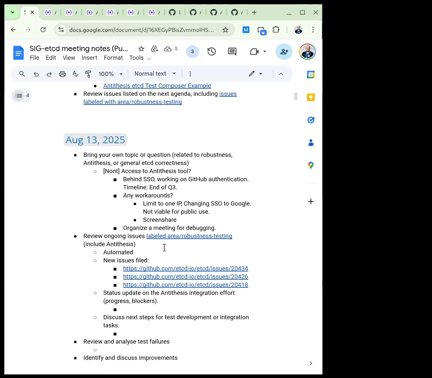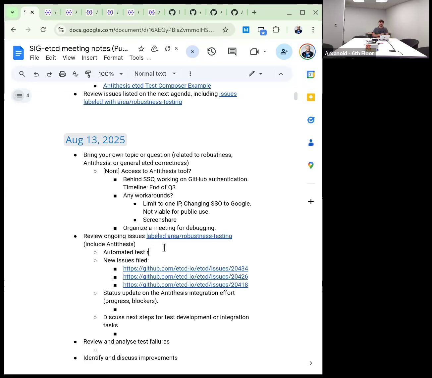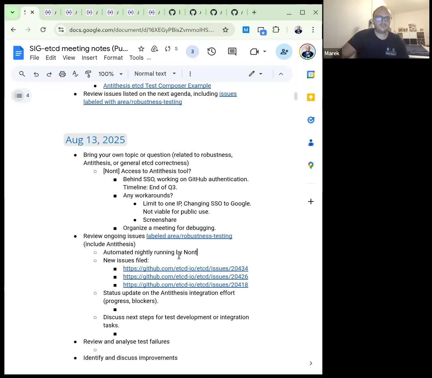So is there anything I could do on my side to give you more information around these three issues that are open? I could write the bug report for each of these issues, if that might be helpful.